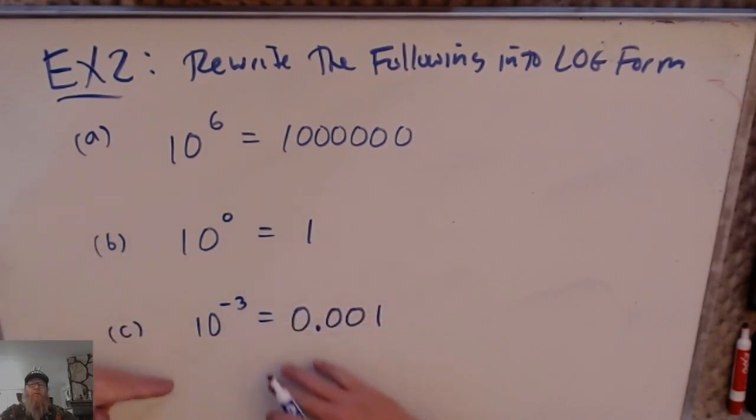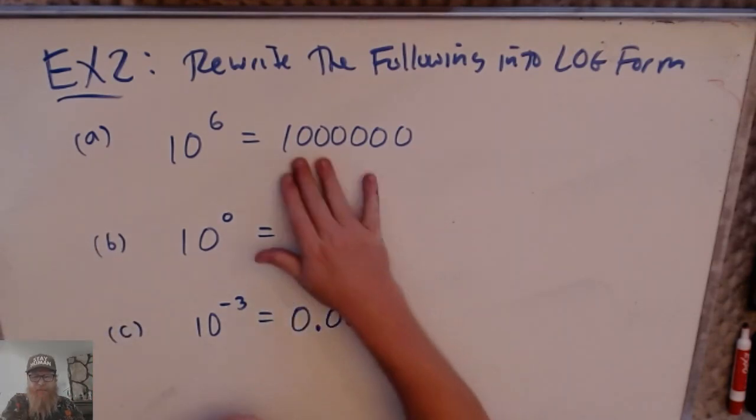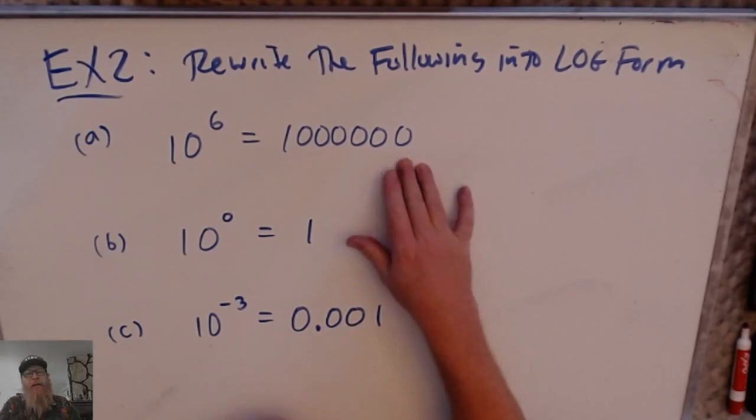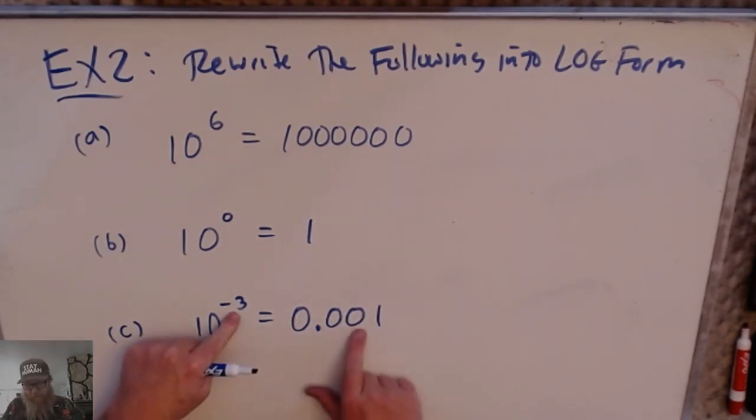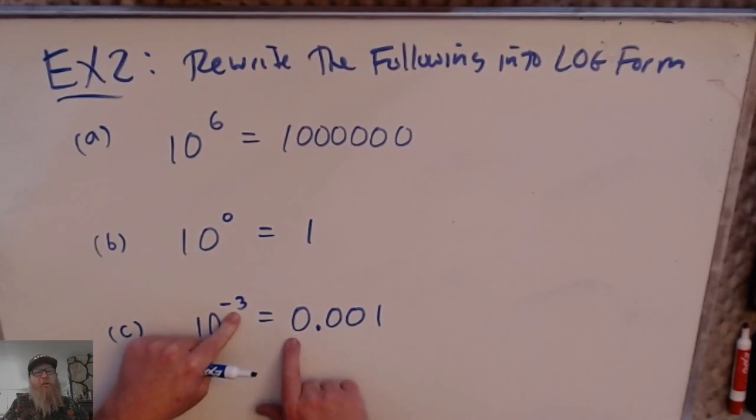So all the powers of 10 are very simple. You just count the number of zeros. If it's a negative power, you count the number of zeros, including the 0 to the left of the decimal point.